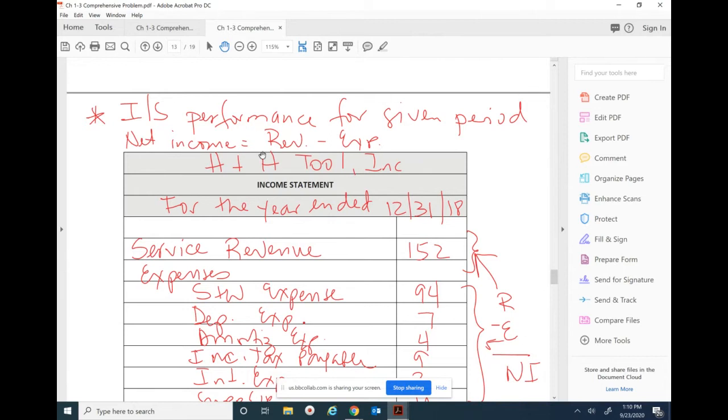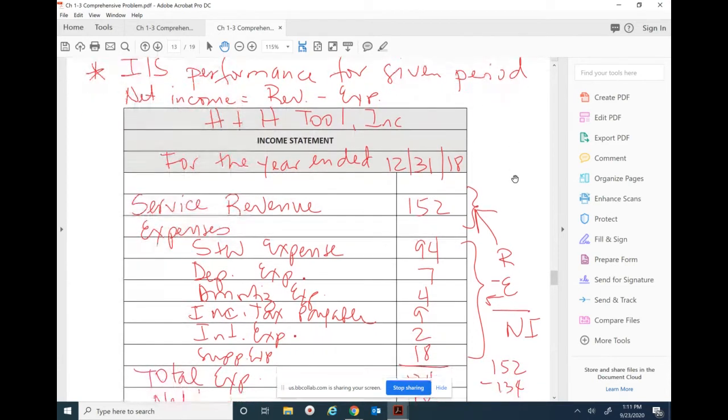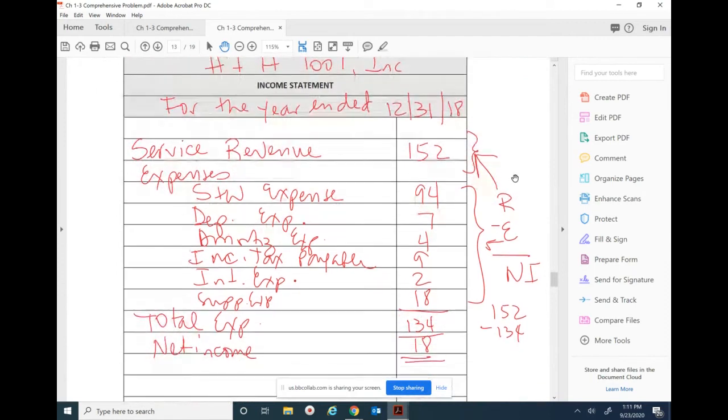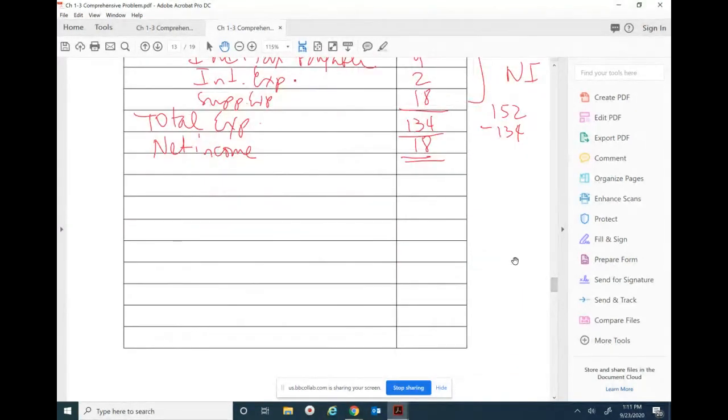If revenues are higher than expenses, then net income is positive, and we call it a profit. So from here, this is the first statement that the company prepares. And this format, revenues minus expenses, is telling us that this is a simple income statement. Later in the semester, we'll get familiar with a different format. We call it the multiple step income statement, but for now, that's all you need to know.